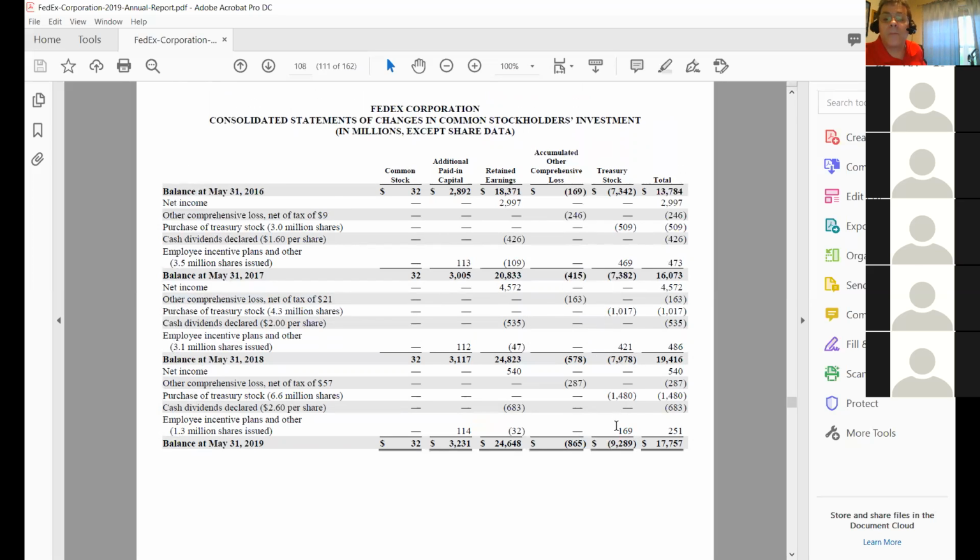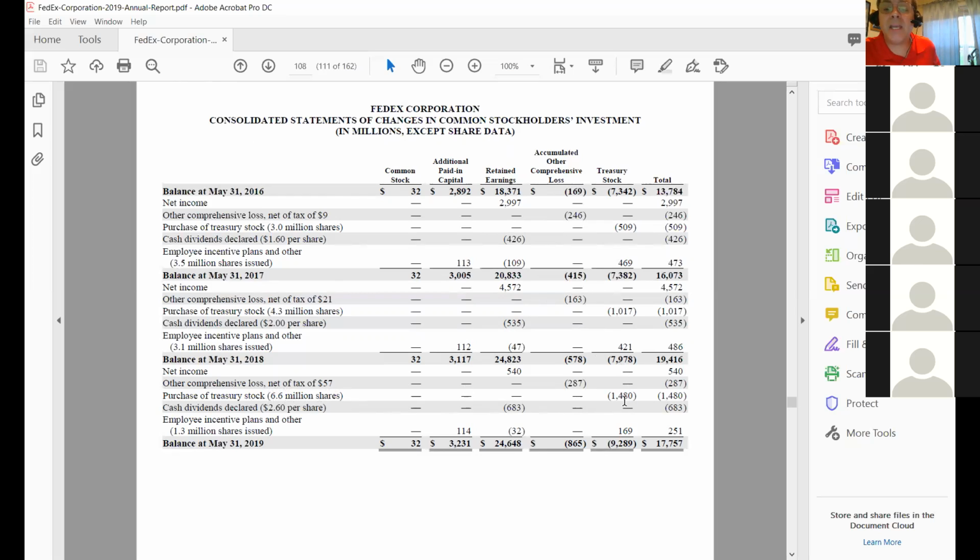Those two numbers were on the balance sheet. What changed? Well, during that fiscal year, they bought treasury stock of $1,480,000. They spent that much money. And here they told us that they bought 6.6 million shares. So at least they were good to tell us how many they bought during the year. So they paid this much money and they bought this many shares.